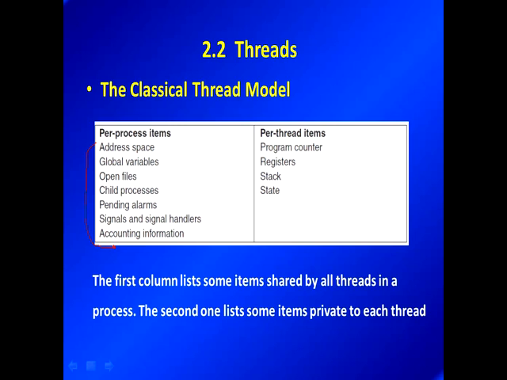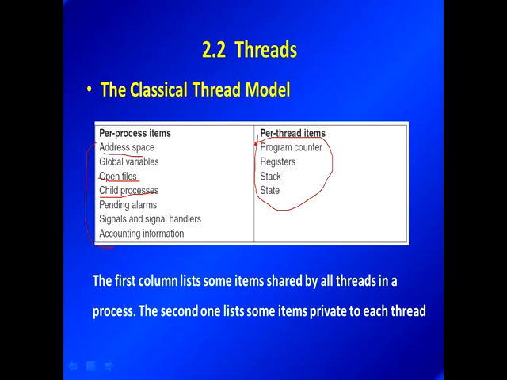So it means the global variables, the open files, and even the child processes of the same process, all of this information are the same for different threads in the same process. But these four kinds of information, they are different.